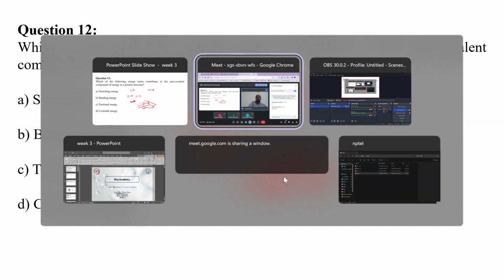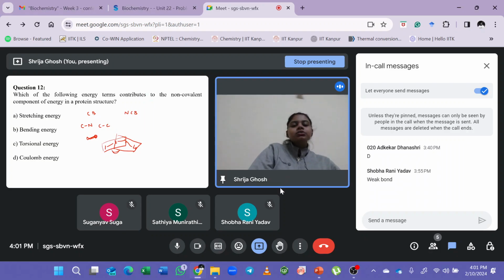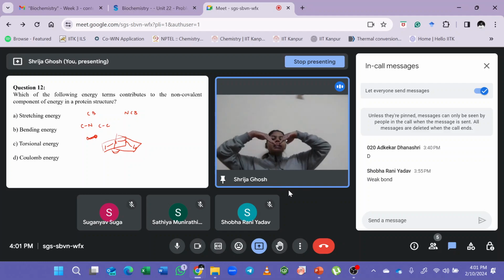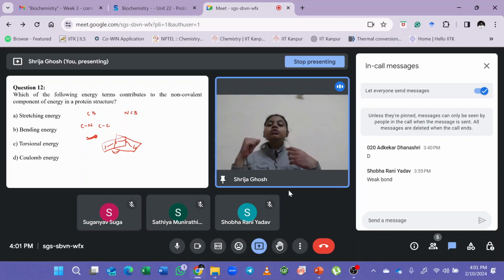What is that angle called? I told you in the previous class that the angle is called the dihedral angle, and those angles can give a rotational energy, which is called the torsional energy.